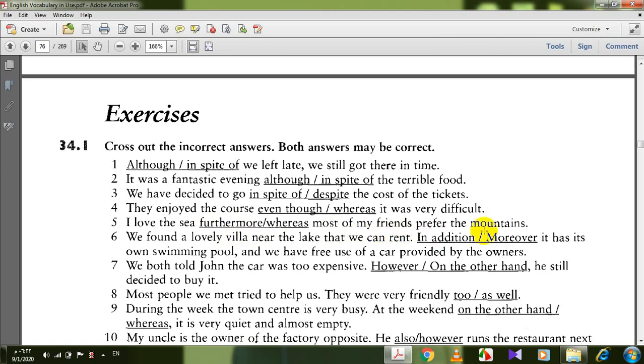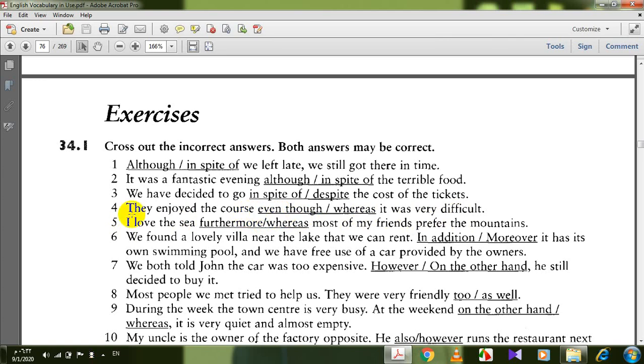It is whereas. So it is a contrast. They enjoyed the course, whereas it was very difficult? No, sorry.